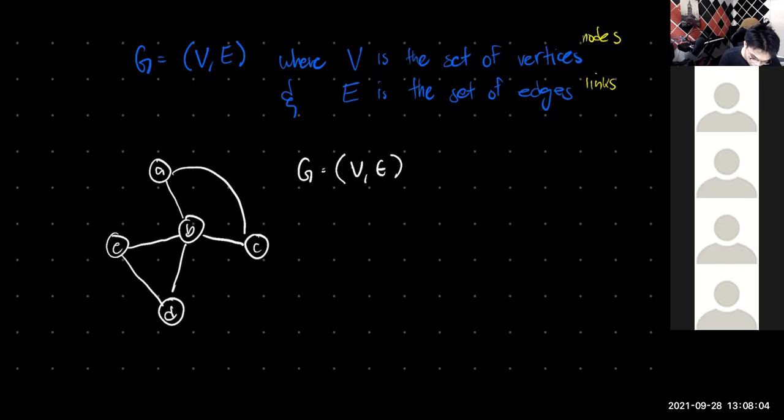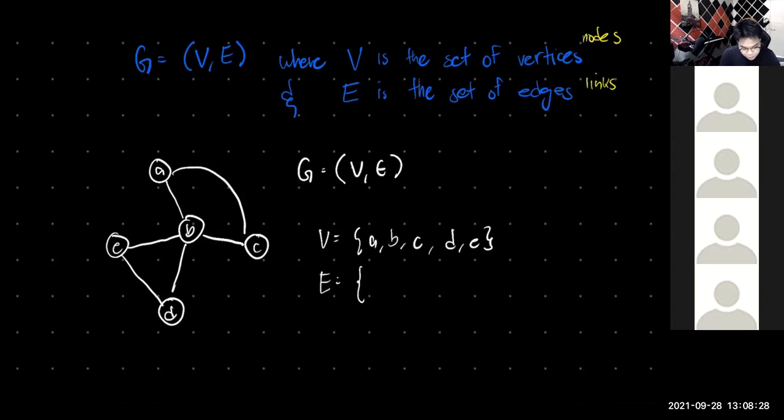V now is equal to our set A, B, C, D, and E. And our edges, note that edges are mapped as tuples that connect the various vertices that we have. So it will look something like this.